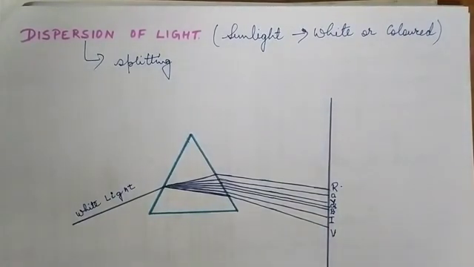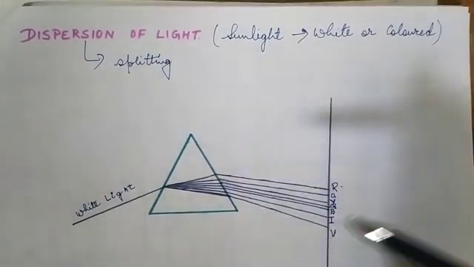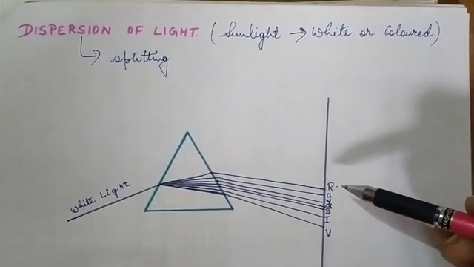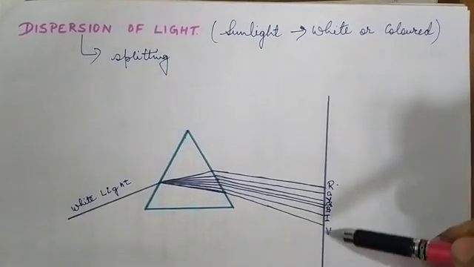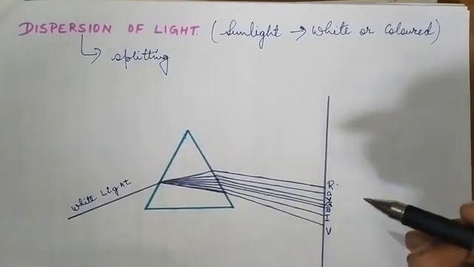If it splits up into 7 constituent colors, definitely it is a white light comprising 7 different colors. And if instead of sunlight we pass some other light, it will not split up into 7 different colors, which means it is not a white light.